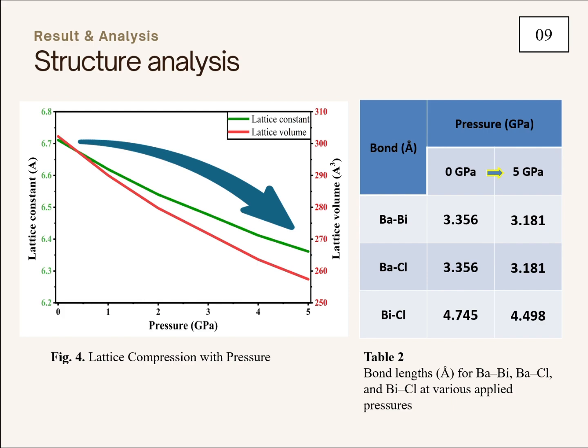On the right side you can see how the bond responds to pressure. The Ba-Bi bond, initially around 3.356 angstrom, is reduced to 3.181 at 5 GPa, and the same holds for the others.